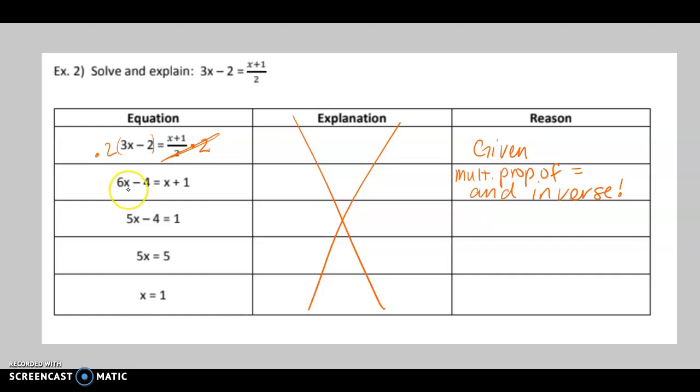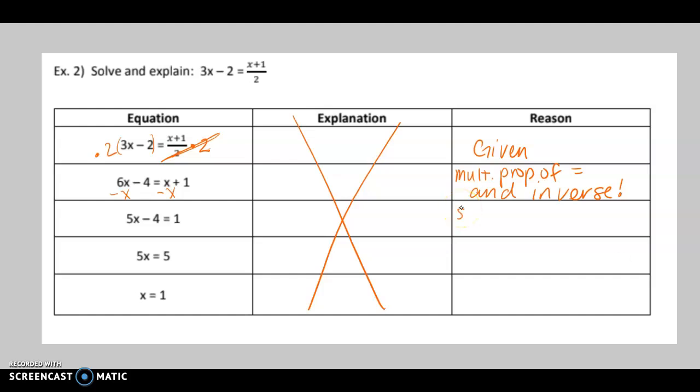Boom. Okay, and then so let's look and see. If you're having trouble figuring out what we're doing to get from this step to this step, just think about what you would do to go from here to here. And then you might be able to figure it out. Like, what was different? What happened here? How'd you get to here? So this is subtract x on both sides, because we went from 6x to 5x and we went from x to no x.